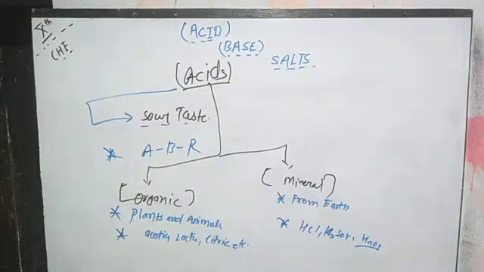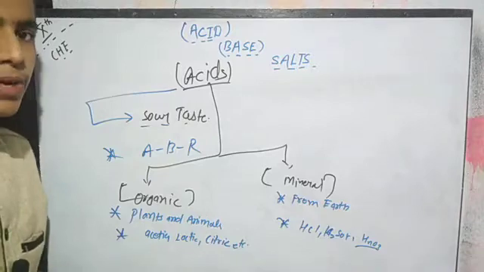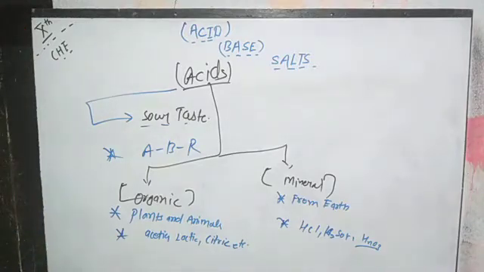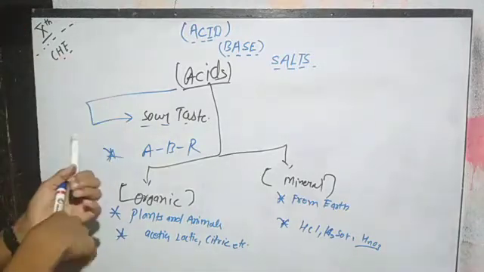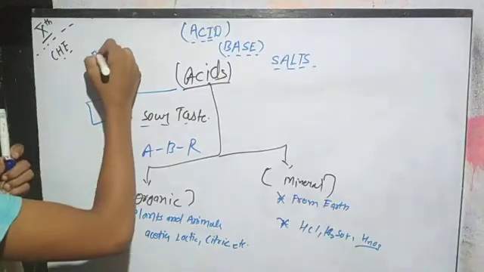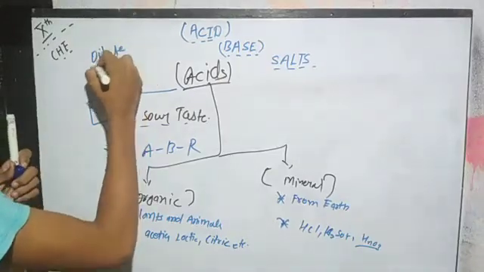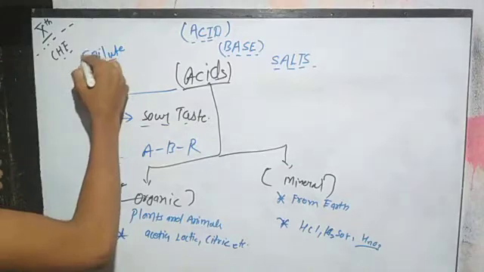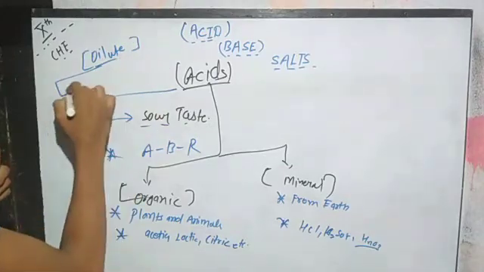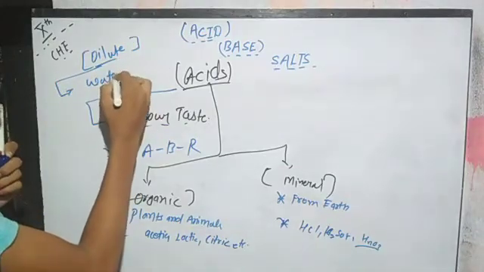First of all, let me tell you what we mean by dilution or a dilute solution. Do you know what dilute means? Dilute means a type of solution where water content is more.